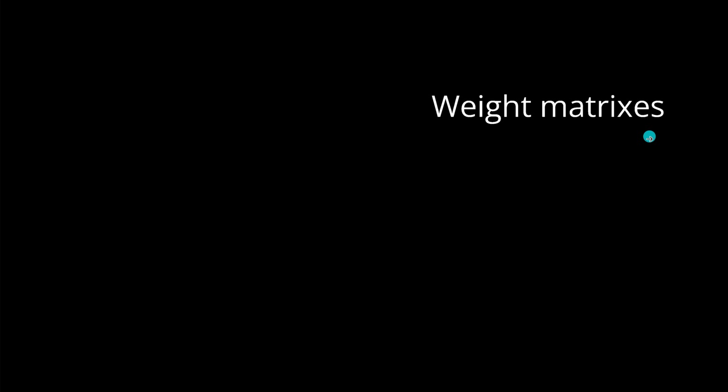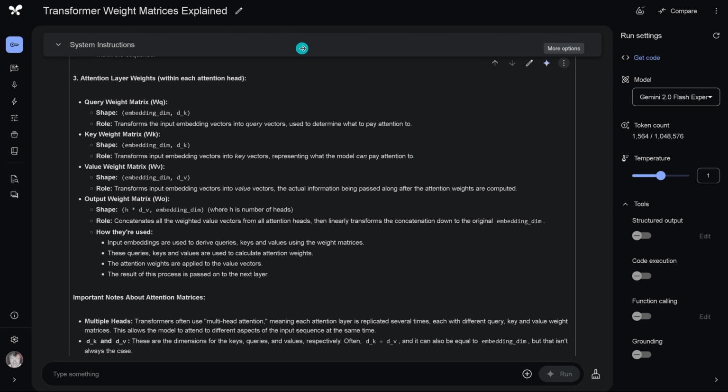Now, we have weight tensors all over our architecture. If we think about the transformer, let's think about the transformer first, maybe only the autoregressive transformer. We have the query weight matrix, the key weight matrix, the value weight matrix, the output weight matrix, with the specific shape and the specific mathematical operation. And here I show you Gemini 2.0 Flash, a really beautiful brand new multi-modal LLM by Google.